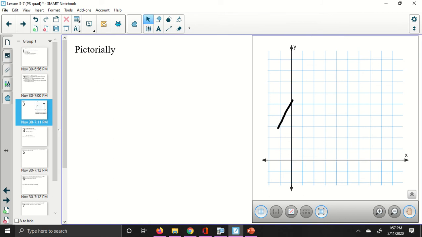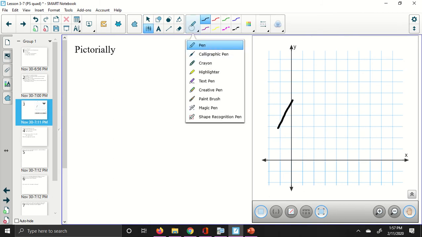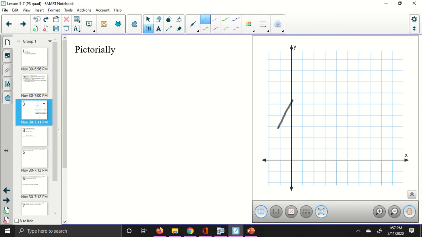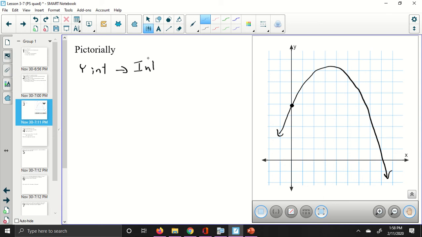Let's get a tool that I like. All right. You're going to get a graph that looks like this. And so there's a y-intercept. So y-intercept usually refers to initial condition. That's spelled right here, I-N-I-T-I-A-L.